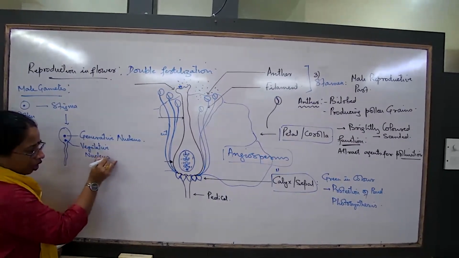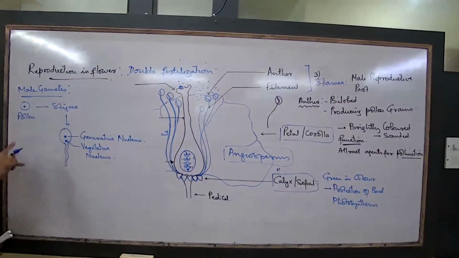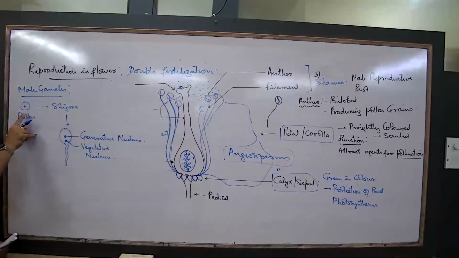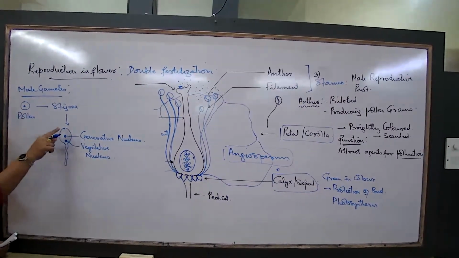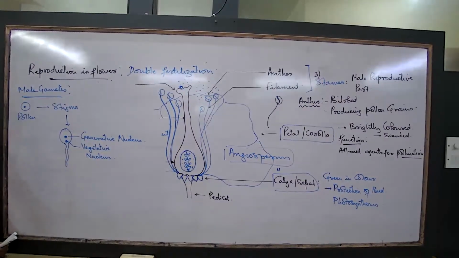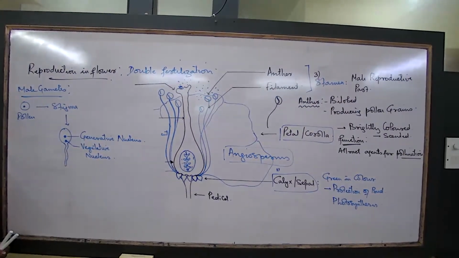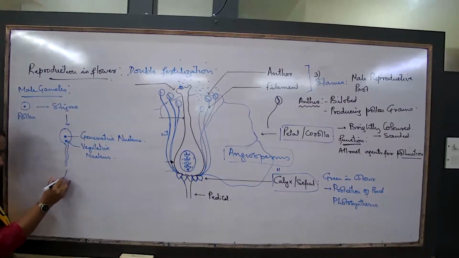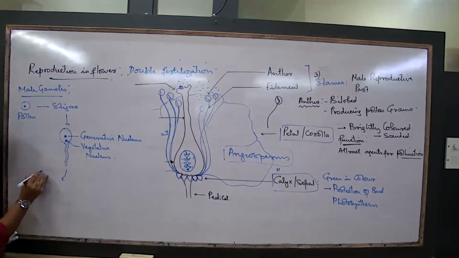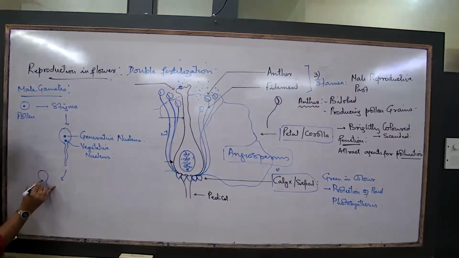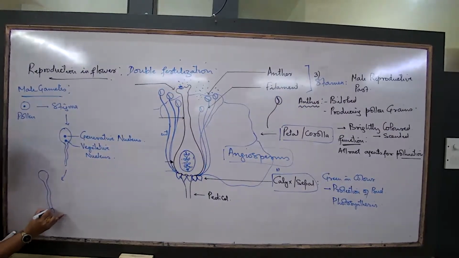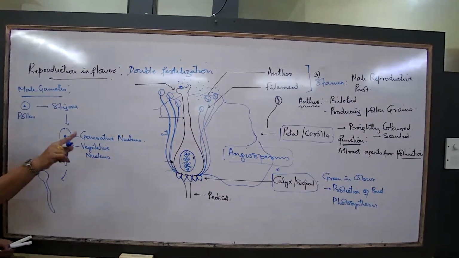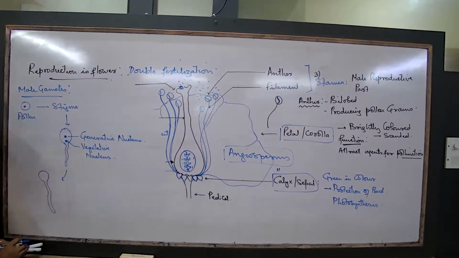So what am I saying? How will the pollen grow? From one single nucleus, which will divide into two parts. The two nuclei will be known as generative and vegetative. Now next, this pollen will continue the growth of the pollen tube till it reaches the base of the ovule.